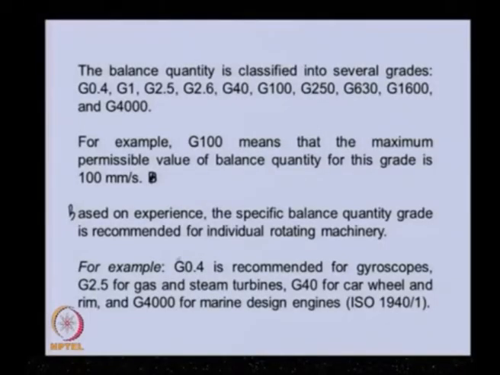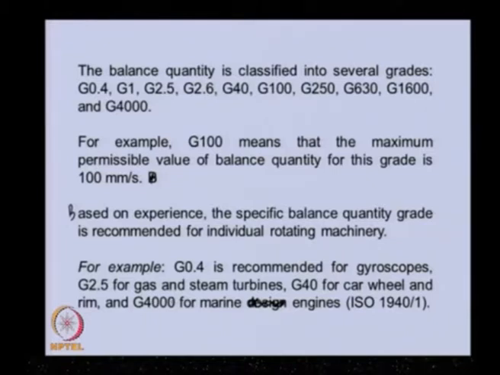For example, G 0.4 is recommended for gyroscopes, which require very high precision, G 2.5 for gas and steam turbines, G 40 for car wheels or rims, and G 4000 for marine engines, in which a lot of vibration can be tolerated.